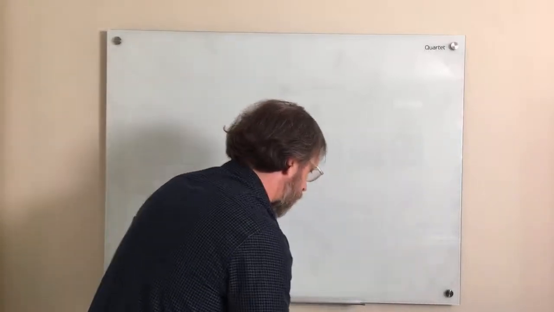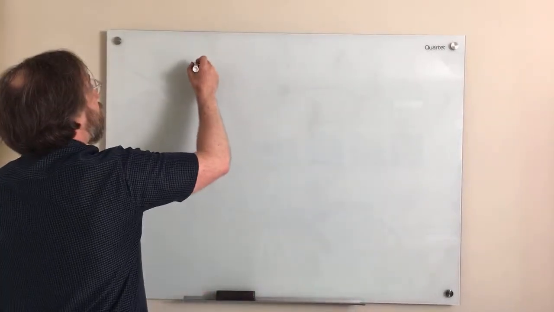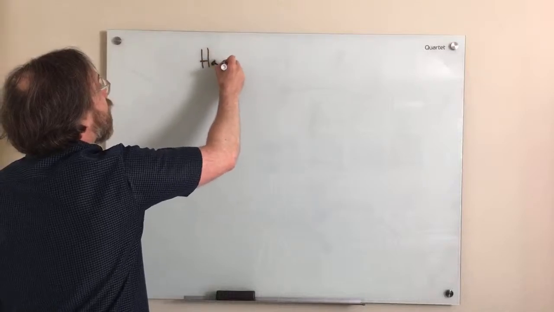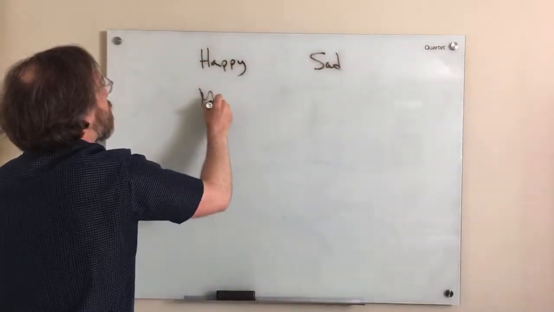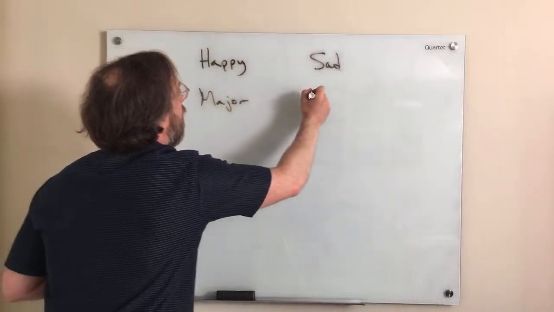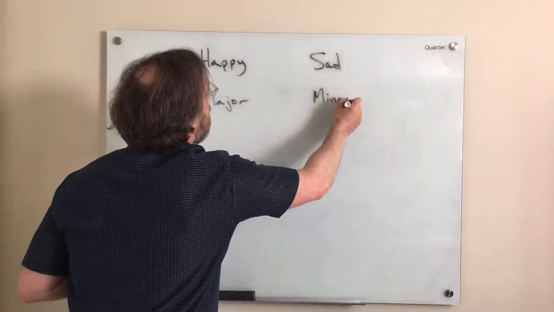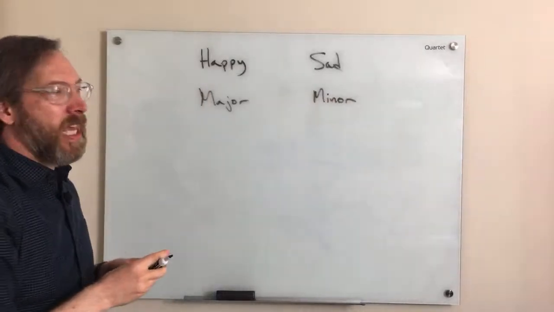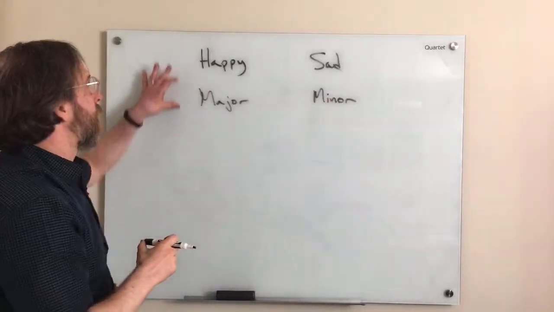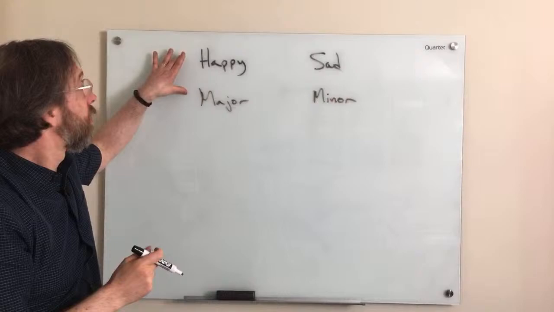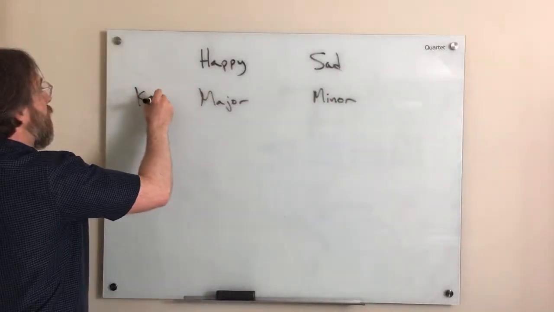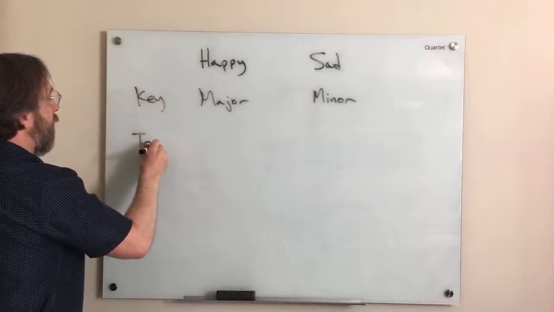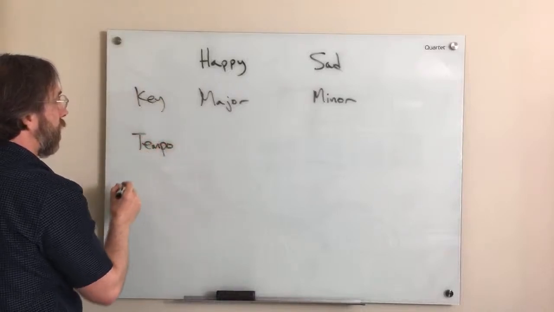So very often people will talk about happy, sad in terms of major and minor. But key is only one aspect that creates emotion, right? So you can have key, but we also have things like tempo, right?